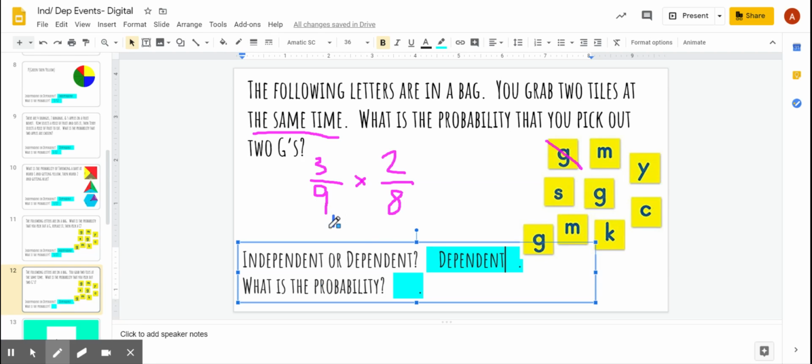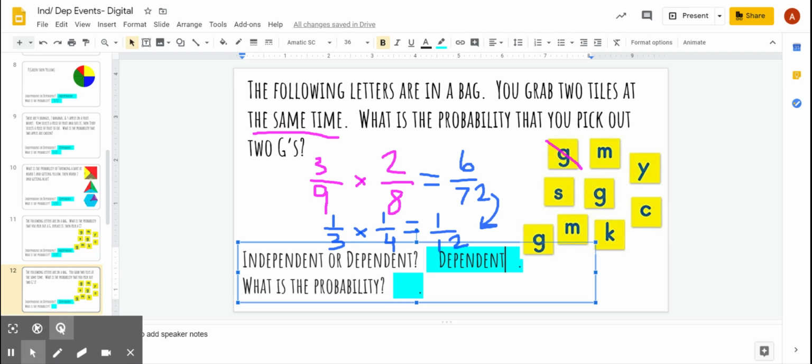If I simplify now, I get 1/3 times 1/4, which is nice and easy. Or here I can multiply and get 6/72. I would need to divide both of those by 6, and I would get 1/12. Either way, if I simplify at the beginning or at the end, I should get 1/12 as my probability.